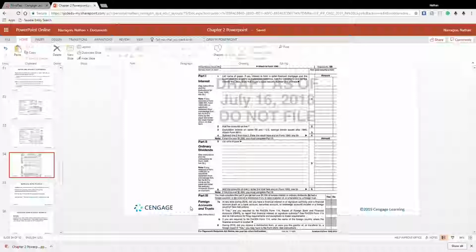Most likely you're not going to have a foreign item. If you do, this must be filled out, especially if it's $1,500 of interest or ordinary dividends. They're going to ask you to check off that nothing's been foreign. But if you had a foreign account and received a distribution from a foreign trust, if you check yes, there are additional forms. So we're not focused on that. I just want you to know where in Schedule B your interest and your dividends go.